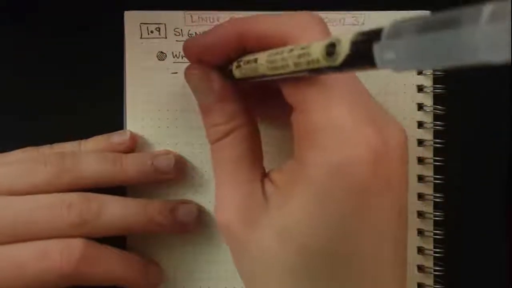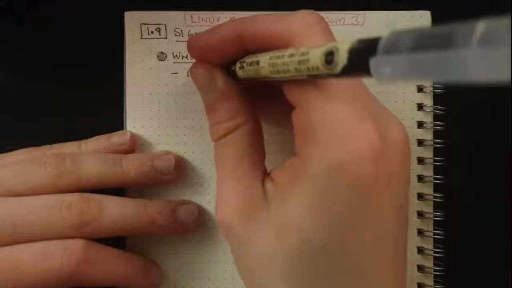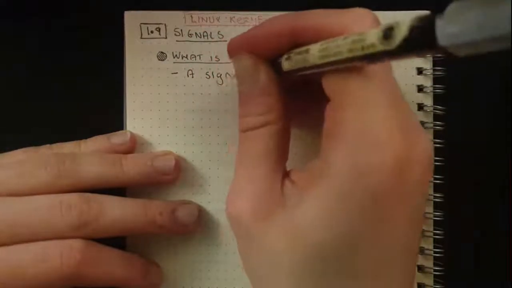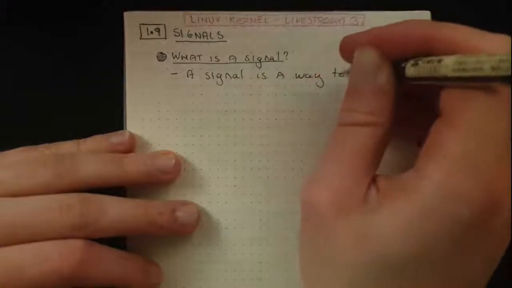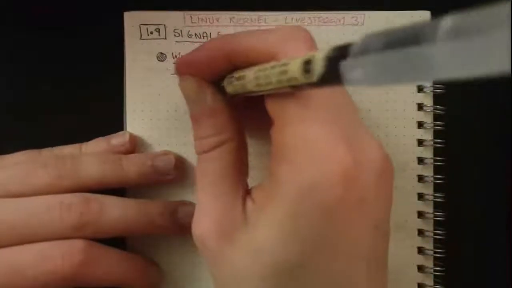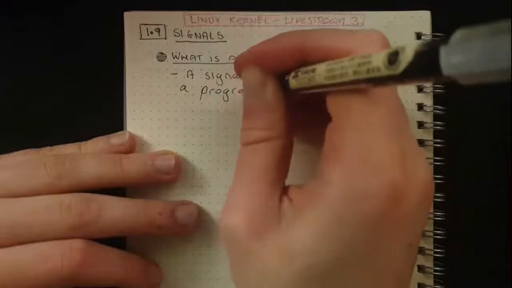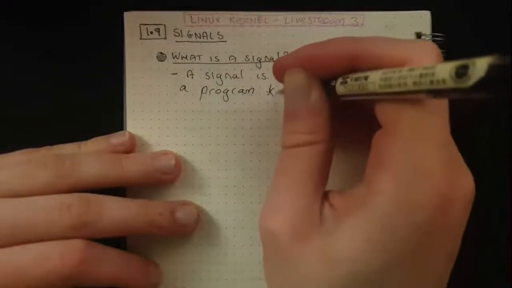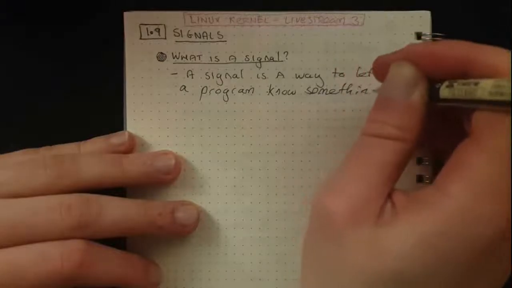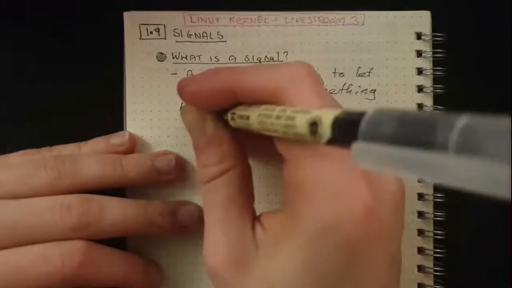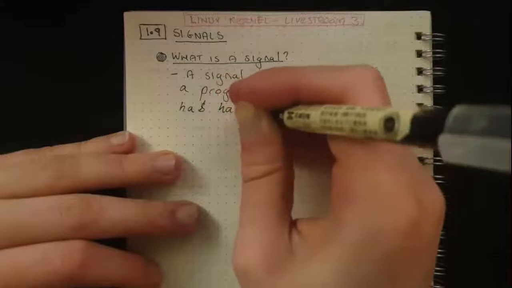So, the signal is a way to let a program know something has happened.